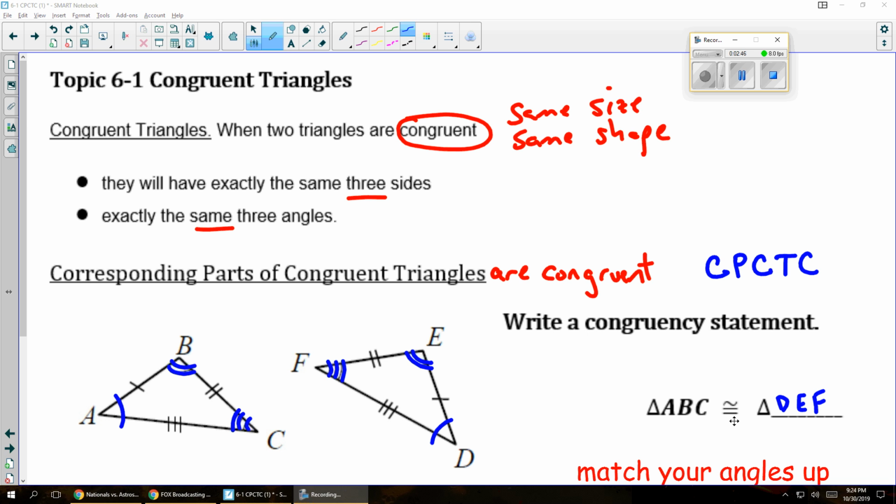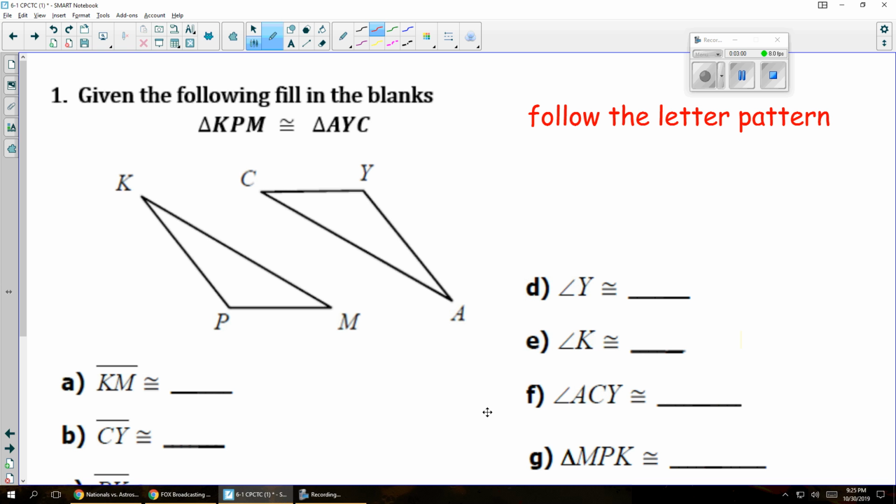And we can see, of course, the sides that are marked over here with these hatch marks, this one, and this third side that matches up to this third side. So let's look at triangle KPM that's congruent to triangle AYC. The first thing I want to do before I look at all the parts is follow the letter pattern and mark the angles.